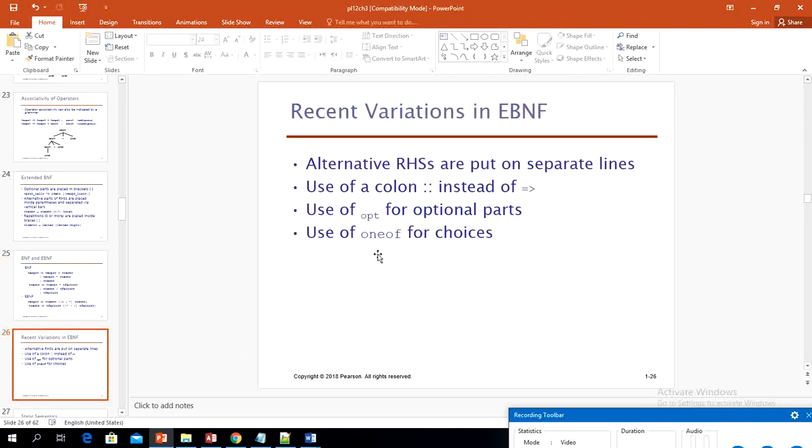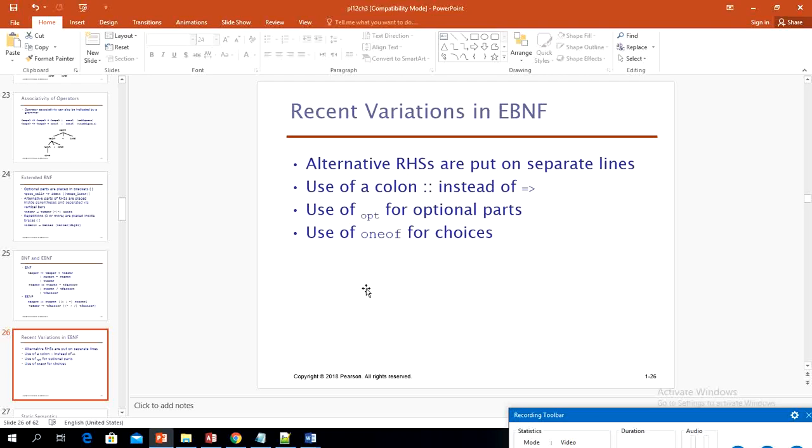A recent variation in EBNF, like they said, is that alternative right hand sides are put on separate lines. So if you have right hand sides, you can put them in separate lines to make them look different from BNF.